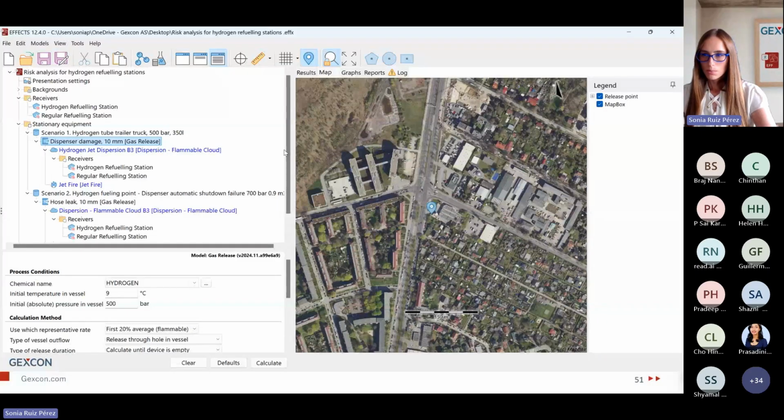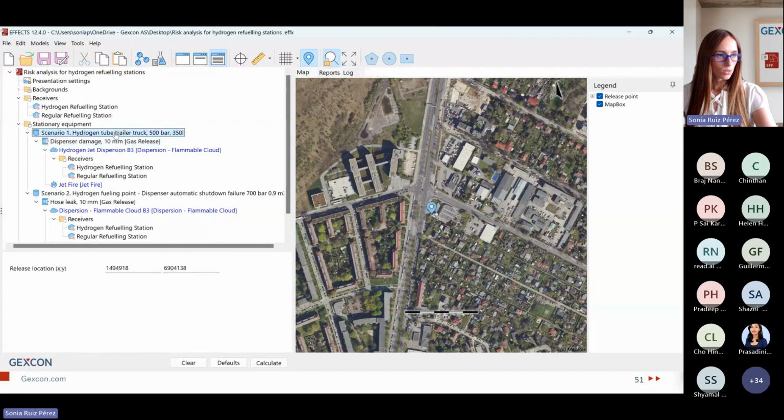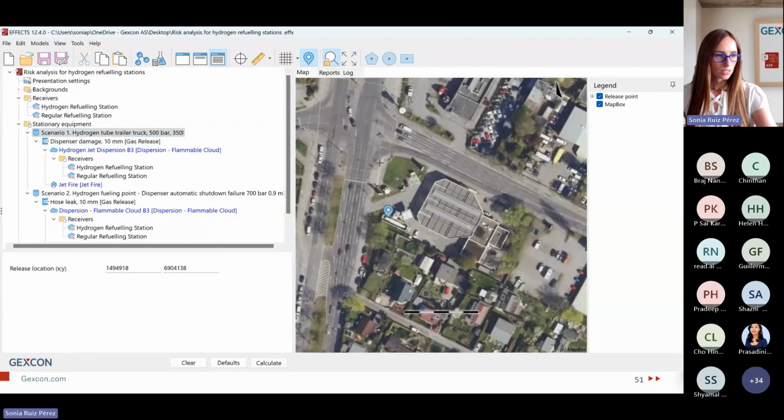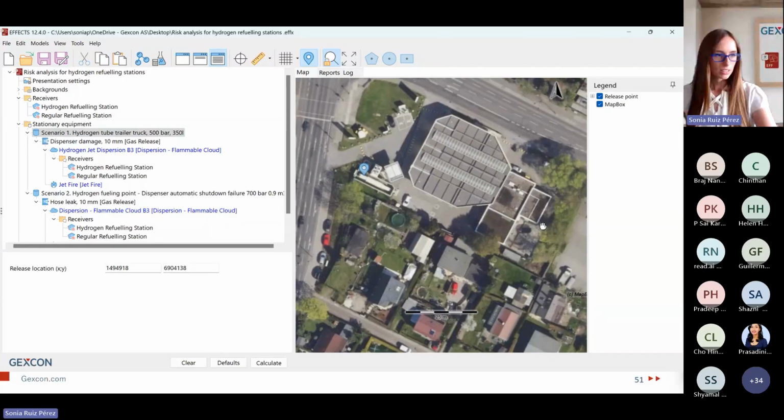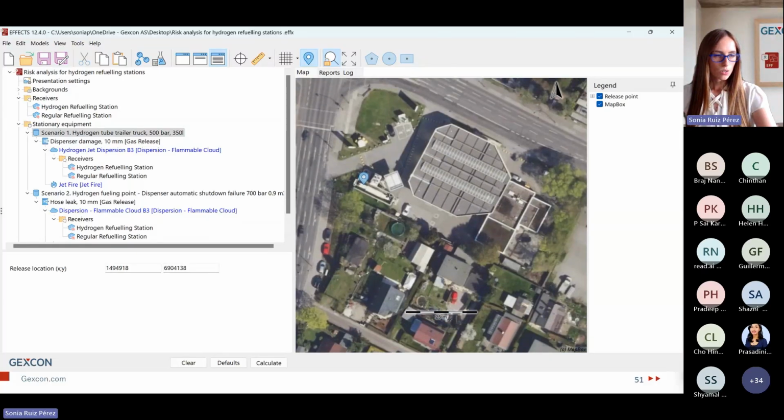So as you remember, we had a use case of a hydrogen refueling station. So that's what we have over here. This is a regular petrol and diesel refueling station.